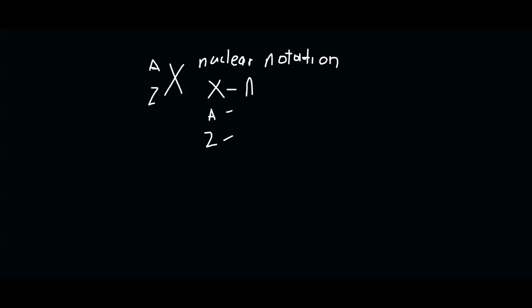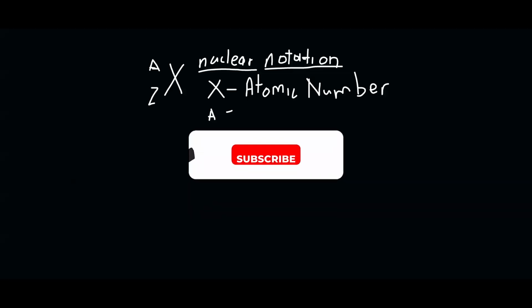The atomic number. No, not necessarily. When I was writing the atomic number, where did I put it a while ago on the screen? When I wrote the elements, where did I put the numbers? Sir, mass number? So A would be the mass number, right?